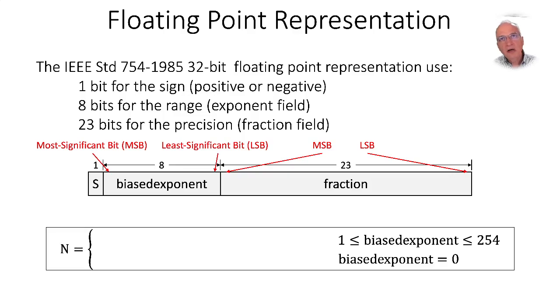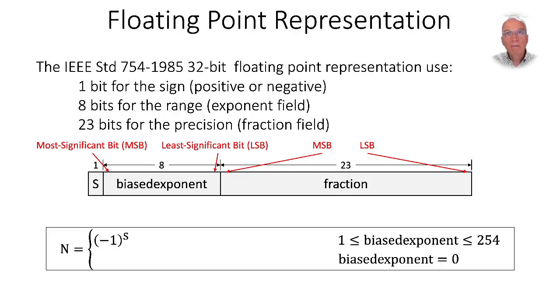So how do I obtain the value of a number with this representation? If the biased exponent is between 1 and 254, then the number is given as minus 1 to the s, where s is the sign bit. So the sign bit can be either 0 or 1.